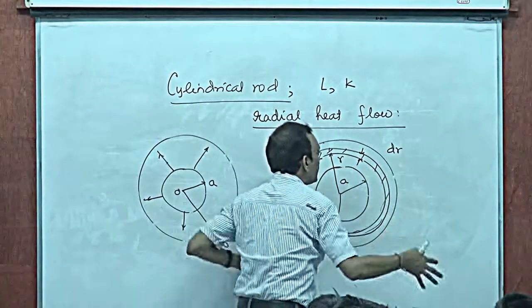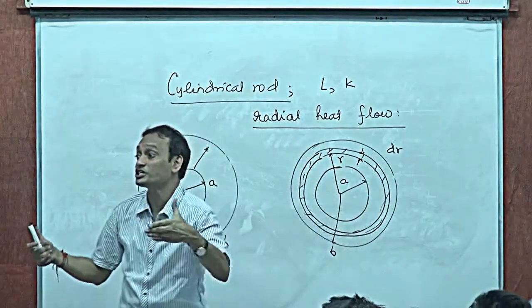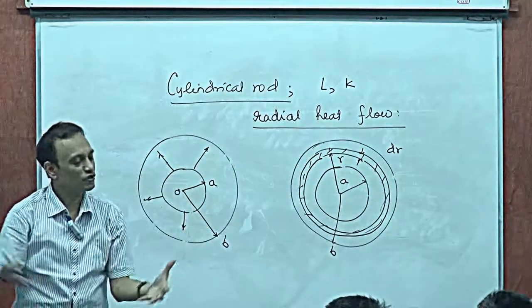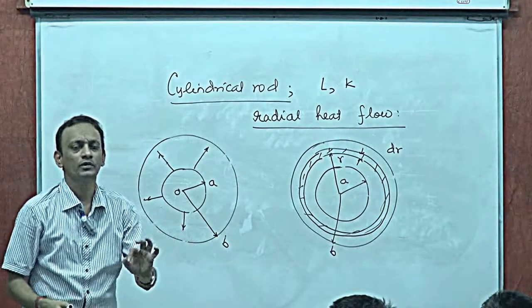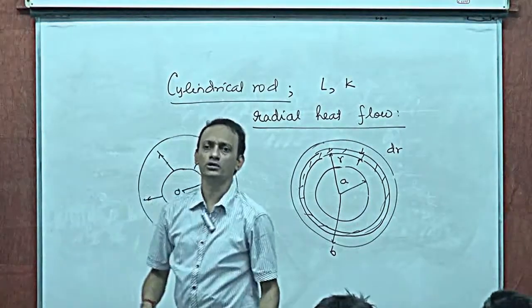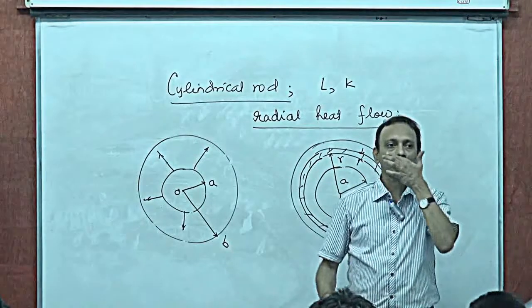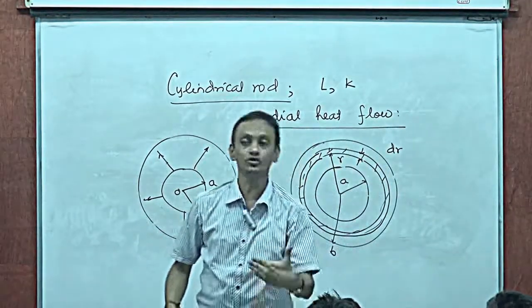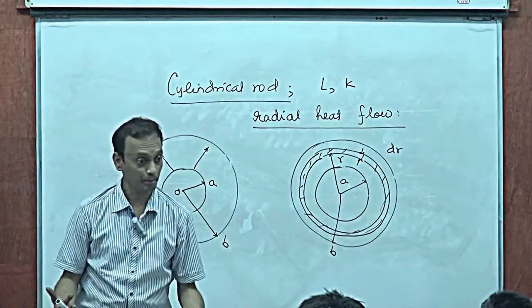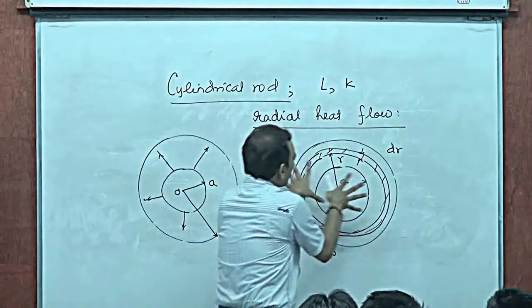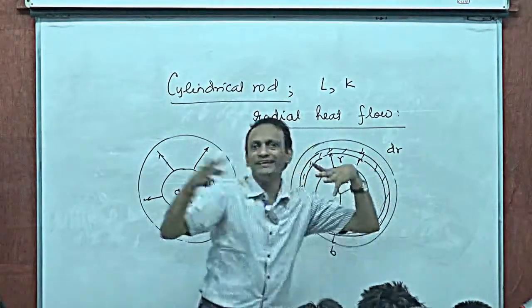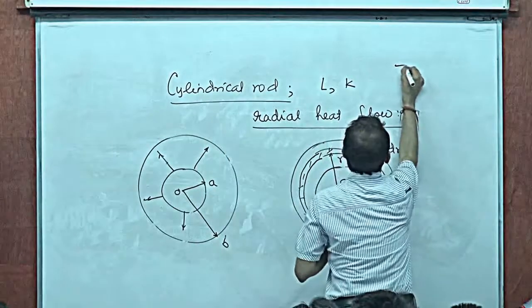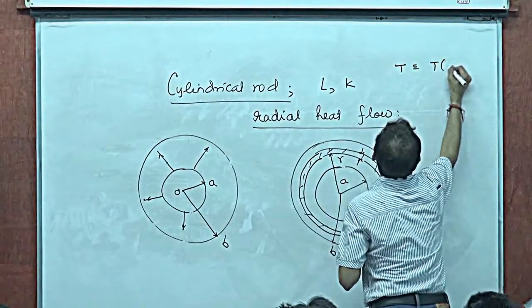So heat flowing radially outwards, in which the area of cross section is varying. But the cardinality is not lost. The cardinality is that the heat current through any given cross section must be the same. And since, because of symmetry, heat is flowing only radially outwards, temperature would be a function of r alone.